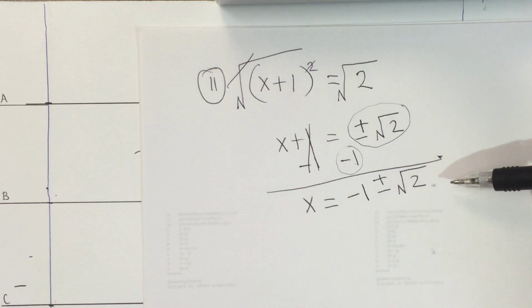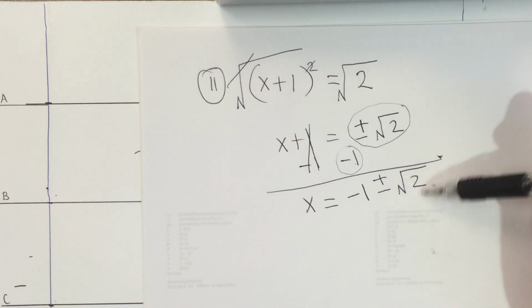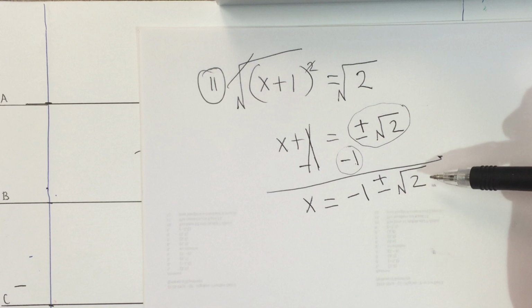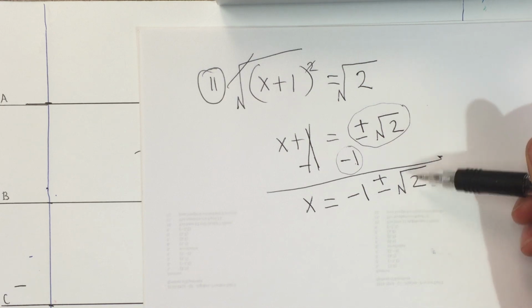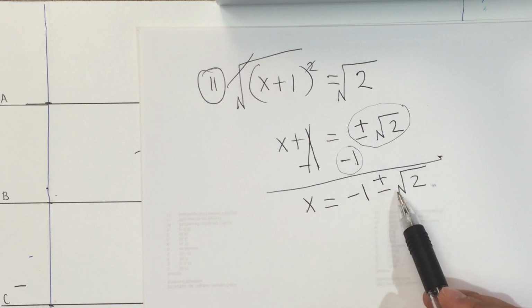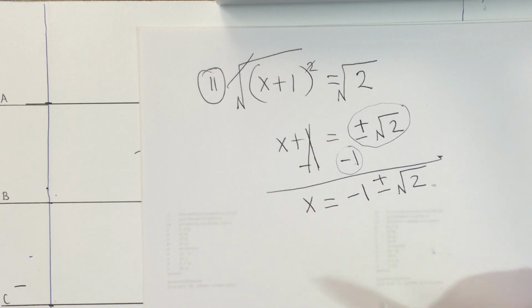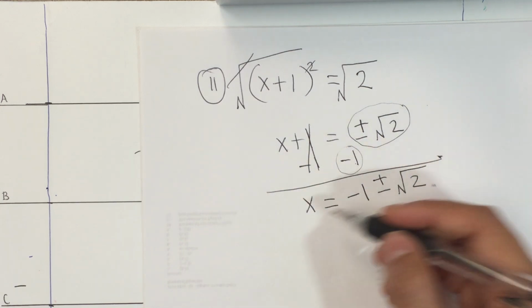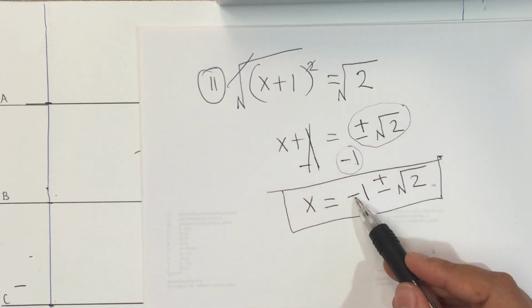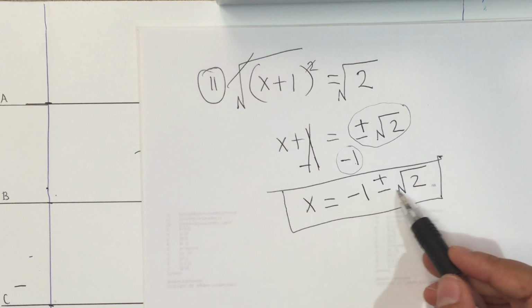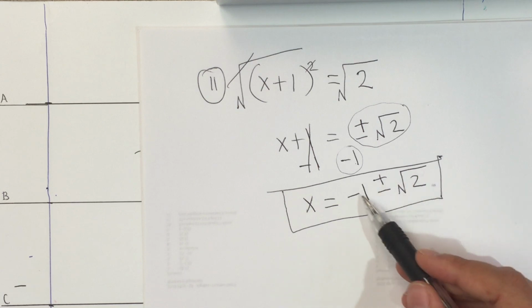Once we get to graphing, we're going to have to simplify this as an approximate decimal number, and we're going to be adding and subtracting it from negative 1. But we'll worry once we get there. Okay? So these will be the two answers. This is one path, and this is the other path.